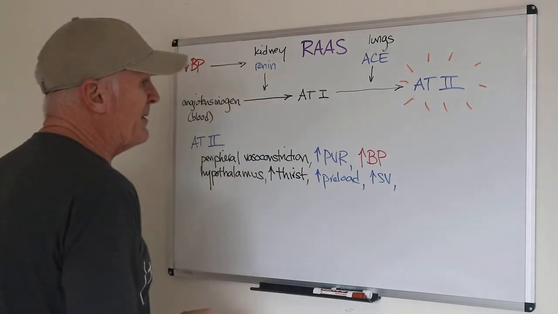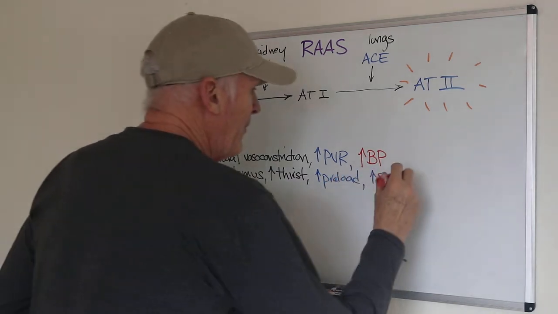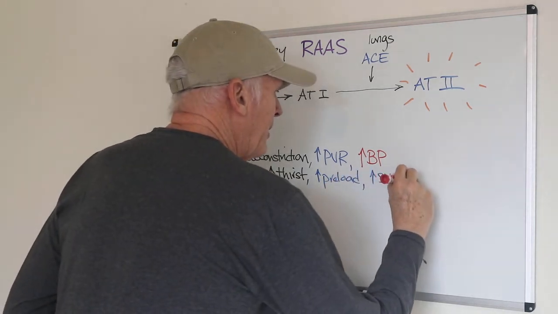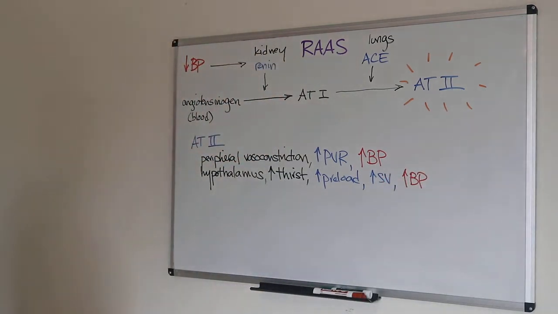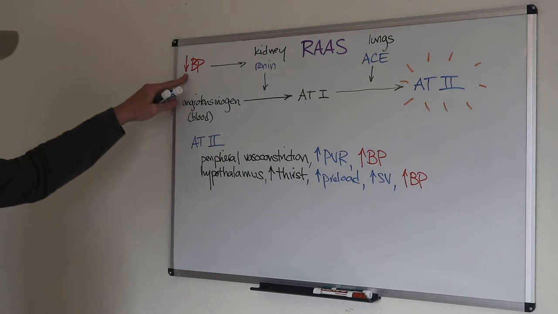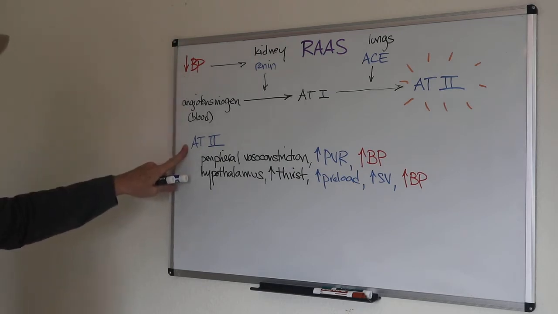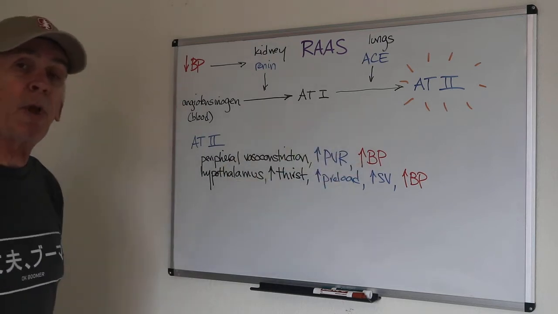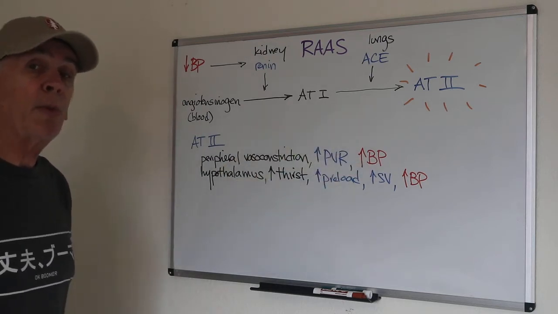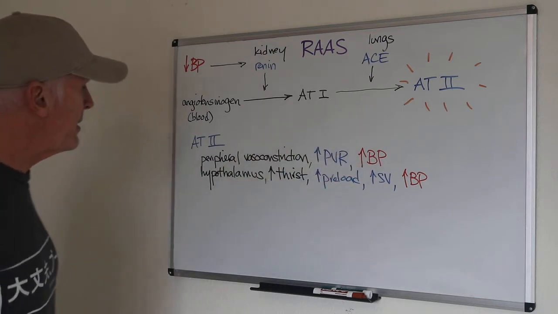And what happens if you increase stroke volume? Oh yeah, blood pressure goes up. So two different ways here. In response to a drop in blood pressure, angiotensin 2 is promoting two different pathways that both raise your blood pressure to solve the problem, to return you to homeostasis, all right?